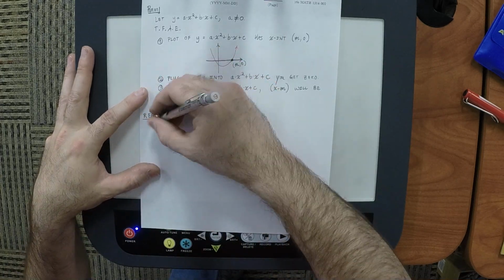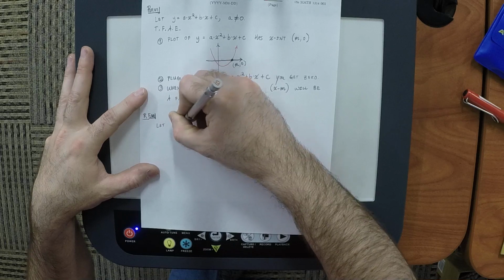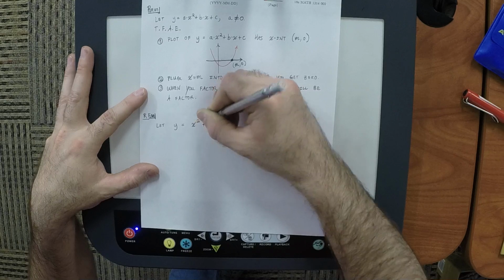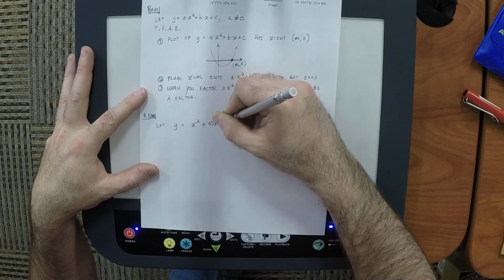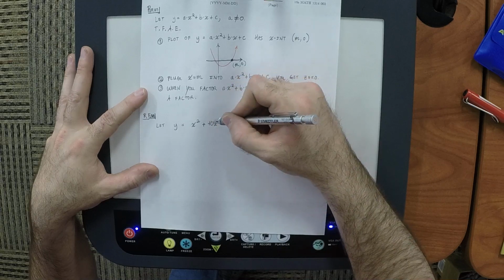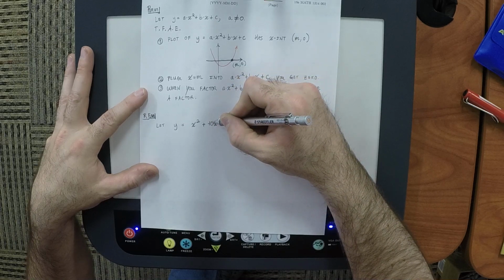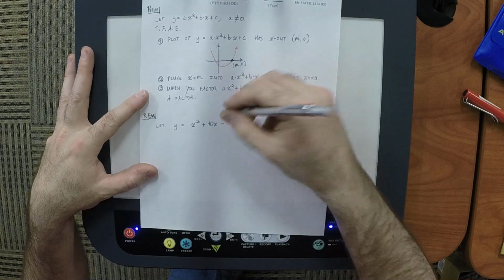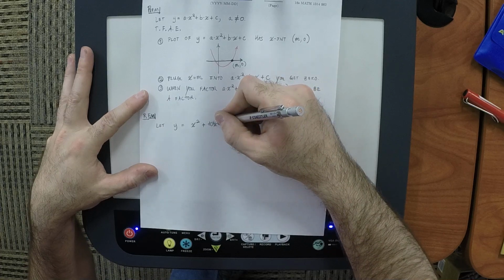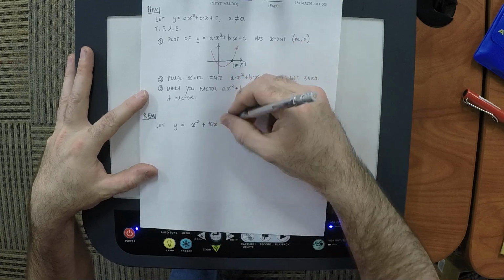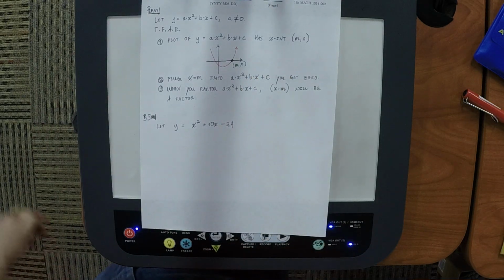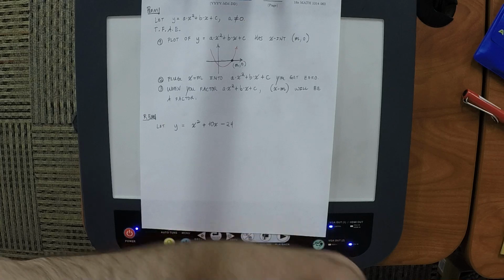So we could say, consider, let y equal x squared plus 10x minus, what do I want? 12. No, not 12. Come on, brain. Two things, 12 and negative 2. So negative 24. My brain was all cramped up for a second there from the break, I guess.